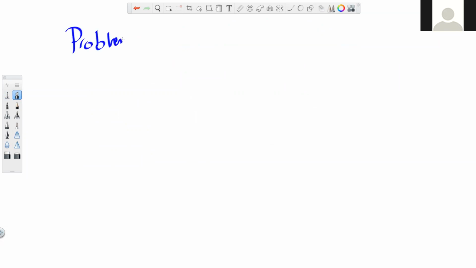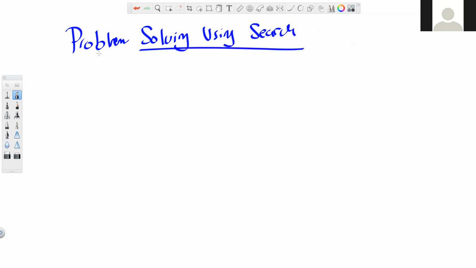So this is problem solving using search. The idea is that you have problems. Let's say we have a problem here, and there is a systematic way for solving a whole set of problems by taking them and then doing what we call a search formulation.